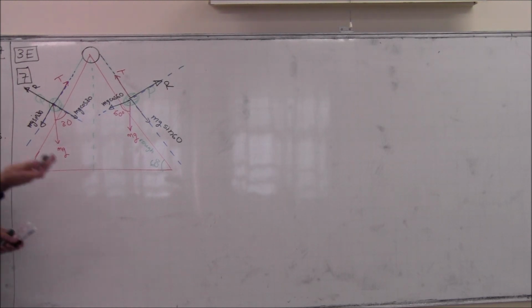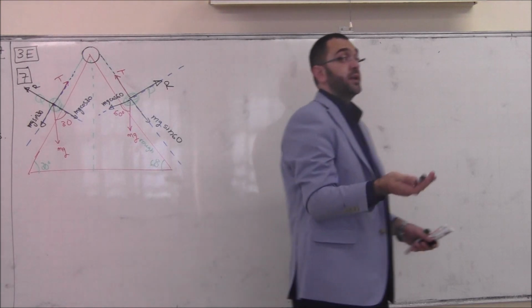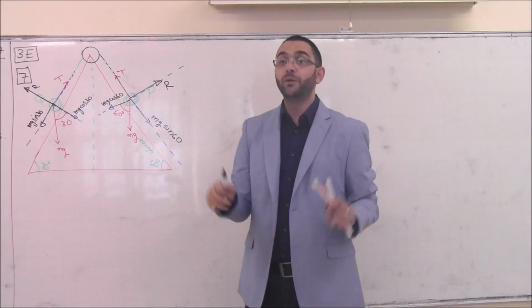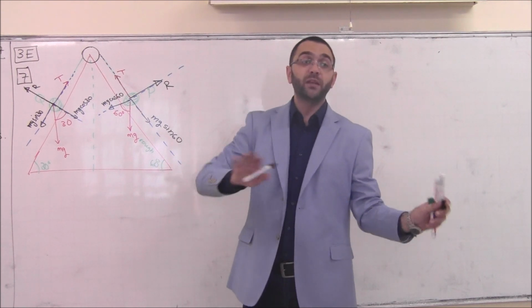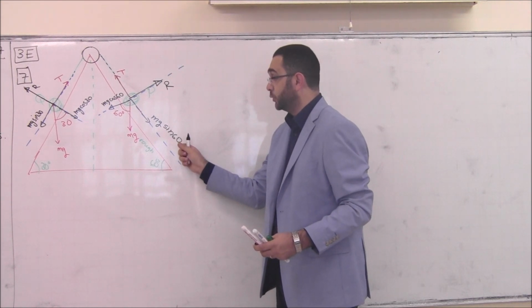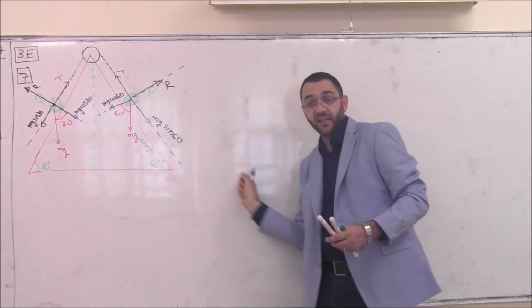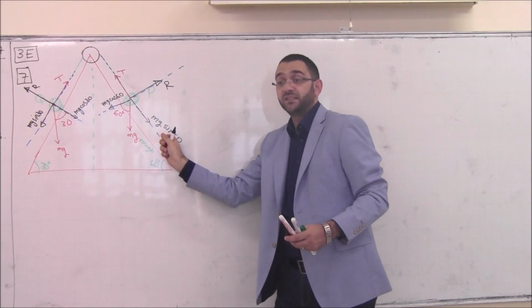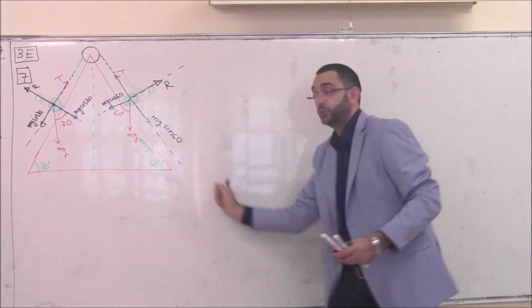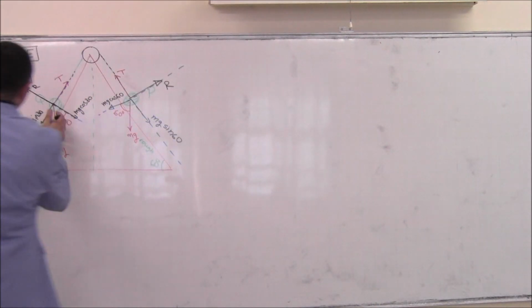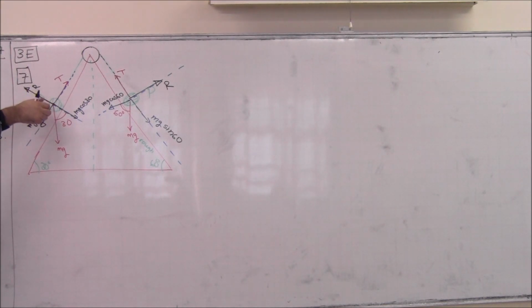Now, which forces may be responsible for the movement of the system? What are the main forces that may move them? Either mg sine 60 will pull the whole system in this direction, or mg sine 30 will pull the whole system in this direction.